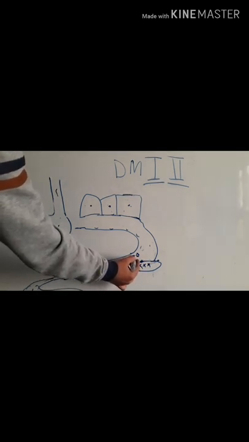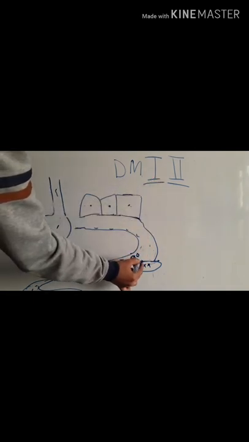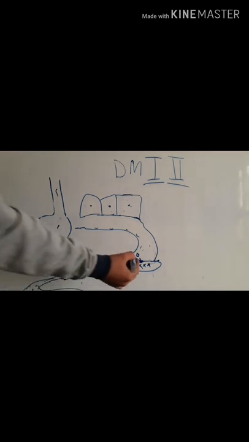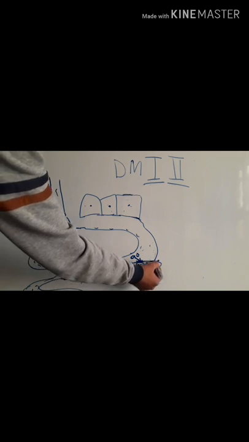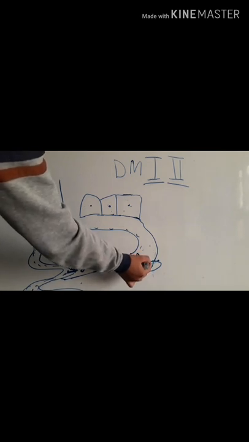In type 1 diabetes mellitus, when sugar reaches the pancreas and stimulates the receptors of the Langerhans cells to produce insulin, unfortunately insulin is not produced because the Langerhans cells have been damaged. There is no secretion of insulin inside the blood vessels.